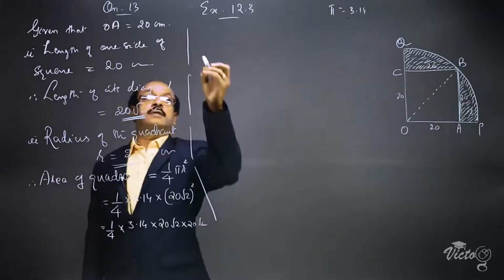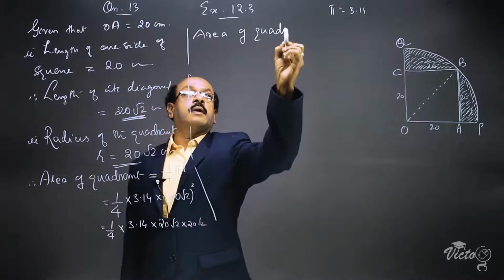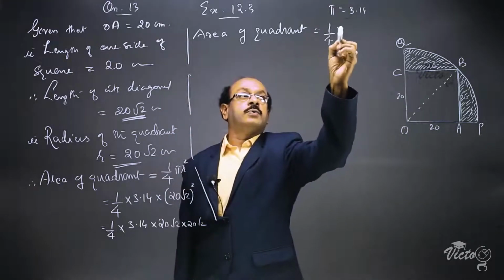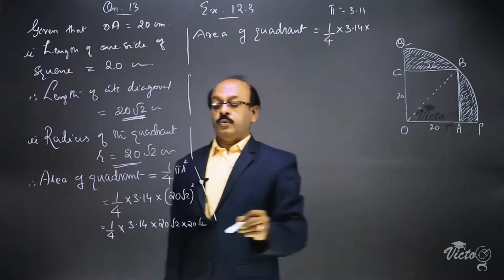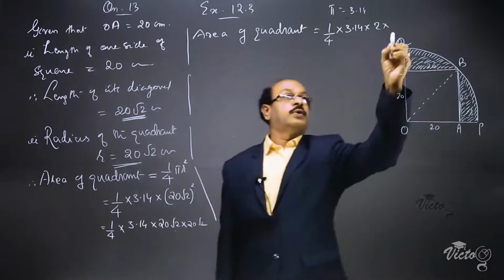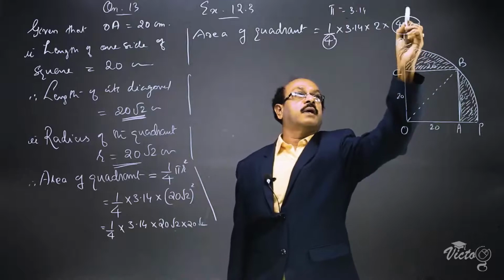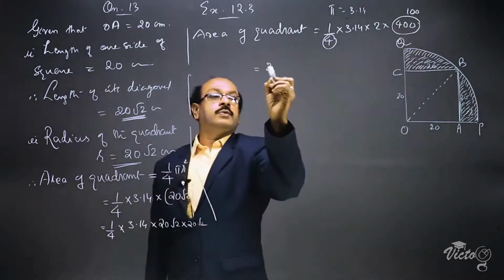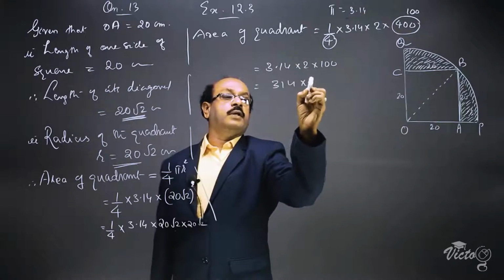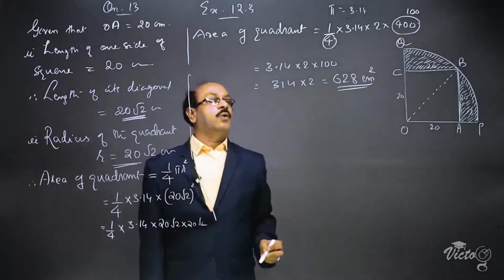Root 2 into root 2 is 2, into 20 into 20, which is 400. The 4 and 400 get cancelled, it is 100, which is equal to 3.14 into 2 into 100, which is 314 into 2, equal to 628 centimeter square is the area of the quadrant.